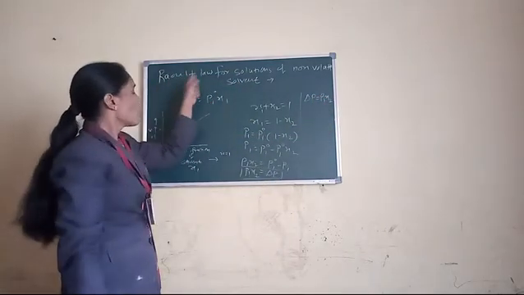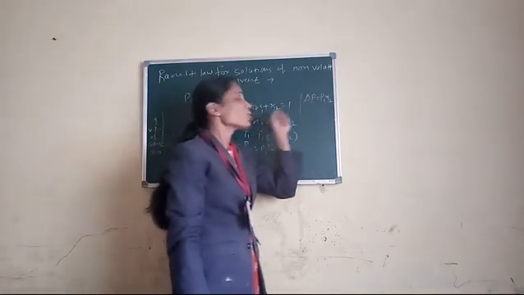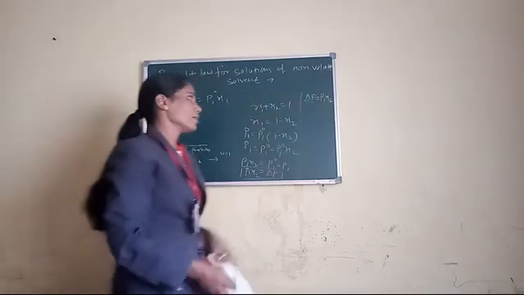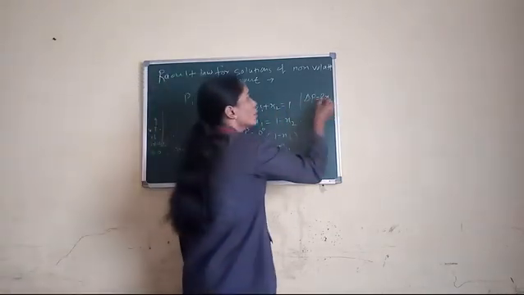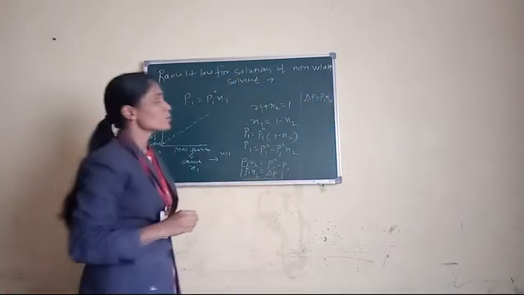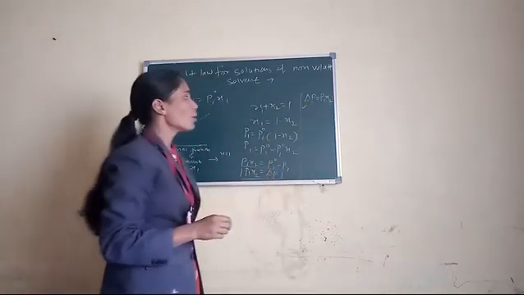By Raoult's law we can see that the lowering of vapor pressure is a colligative property. When a property depends on X2, the mole fraction of solute, then it is a colligative property.